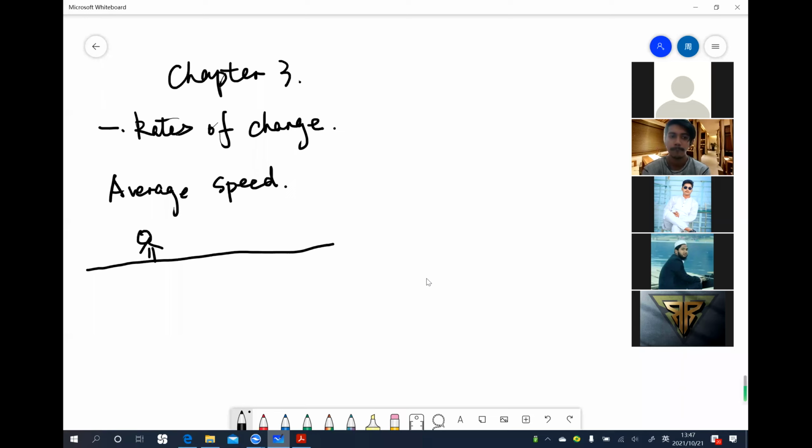Maybe this is a street, and he will start from here, and the time here is t sub 0, and he will run to here, the distance from here to here, that is the time from t0 to t. Suppose this is a function of distance over time, so we can suppose s equals f of t.